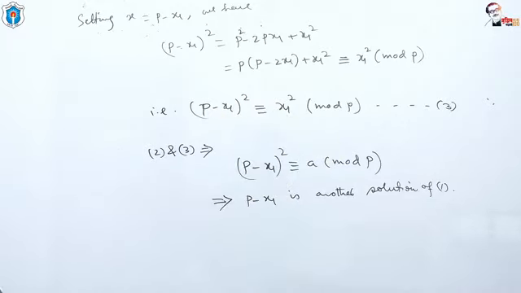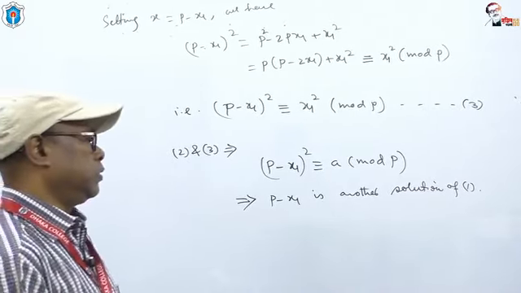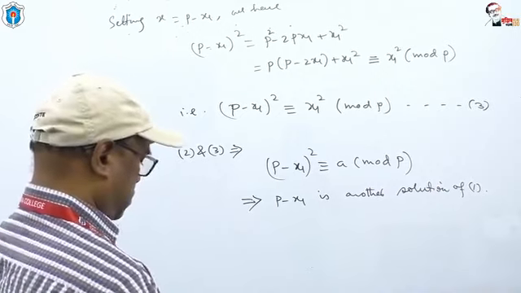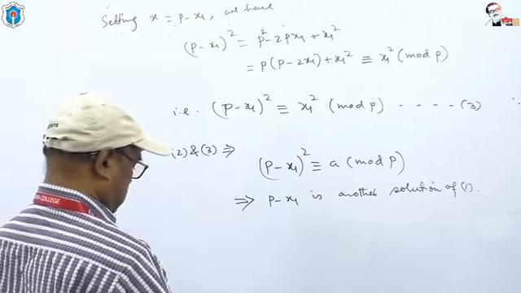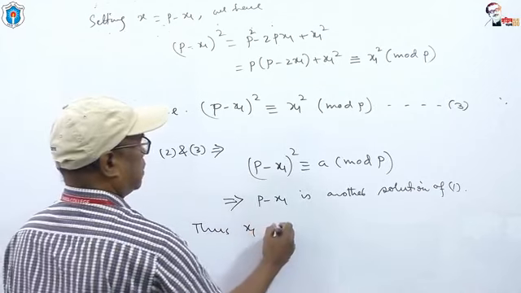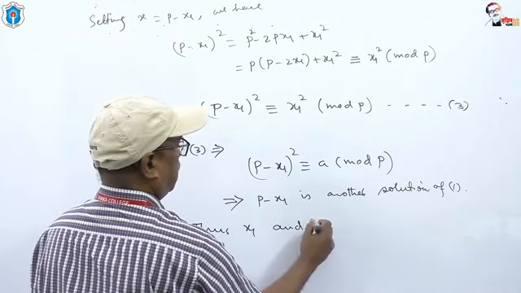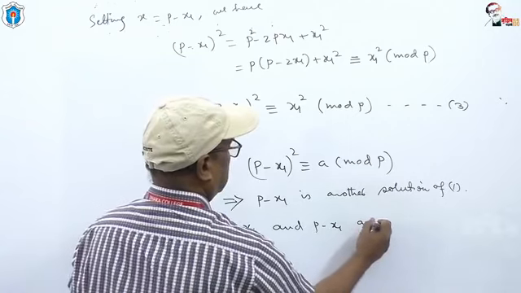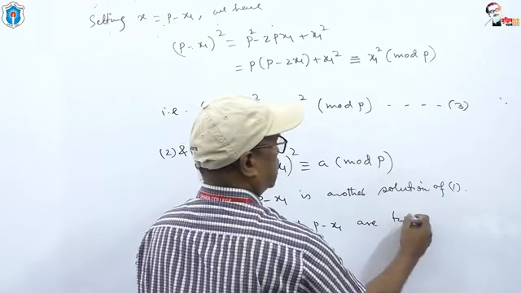Whether these solutions are incongruent or congruent, we prove this. Thus x1 and p minus x1 are two solutions.